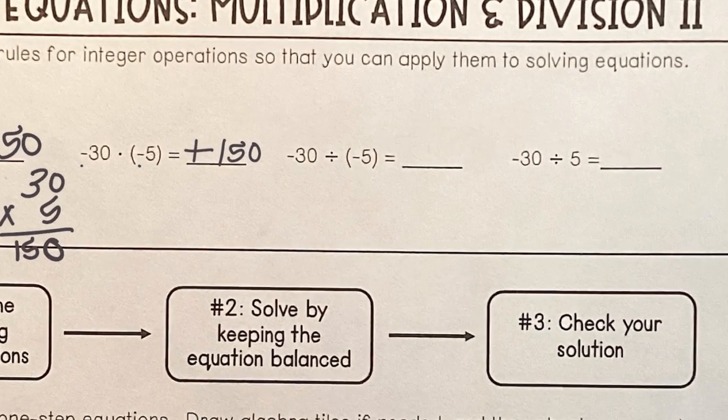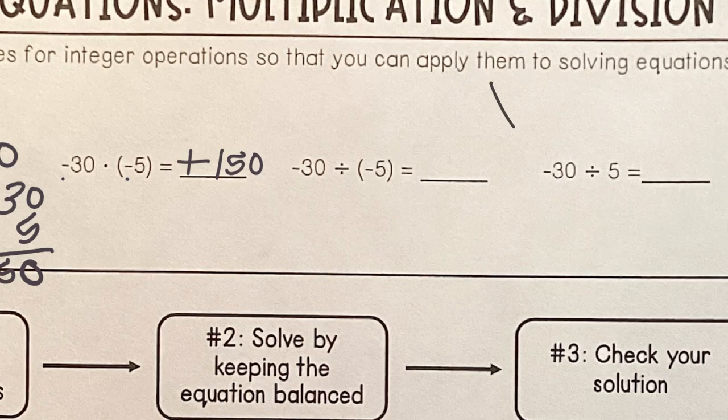Moving on to division, we can also still use the math Dorito for division. I've got a negative number divided by another negative number. When my signs match, when they're the same, that means my answer is always going to be positive. Now, 30 divided by 5 is going to be 6 because 5 times 6 equals 30.